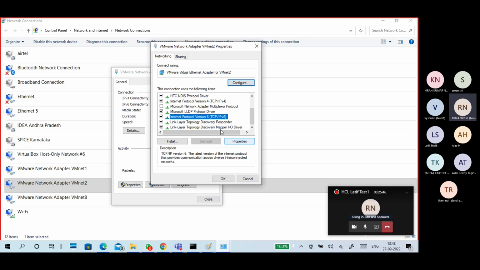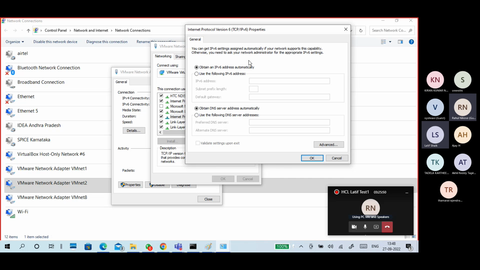See, what is this? IPv6 properties. So obtain IP address automatically, or use the following IP address. So I'm assigning an IP address manually here. Something I put as the IP address. Do not worry, default gateway is not required.